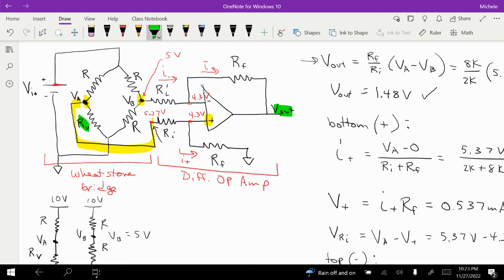Usually this variable resistor is a sensor that has a certain resistance, and that resistance is correlated with the thing you're measuring. It could be temperature, light level, pressure level, whatever your sensor is. The resistance that your sensor is detecting can be calculated by this V out. So the V out provides information about that.